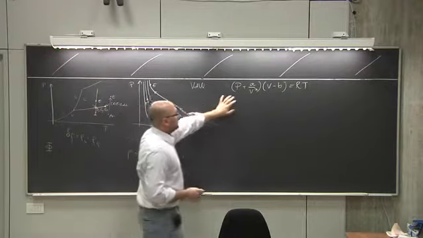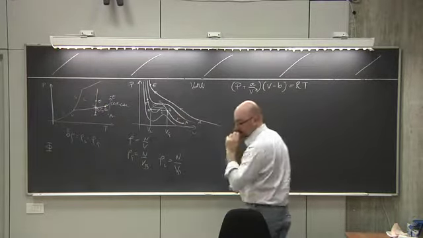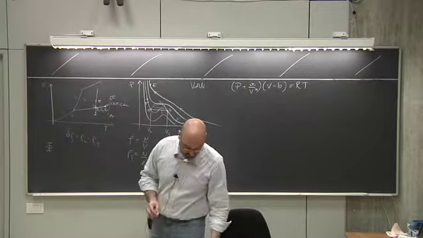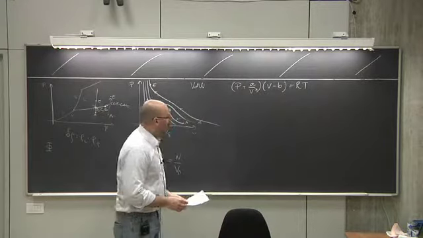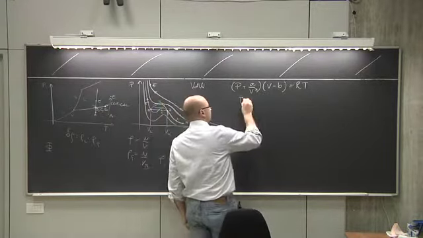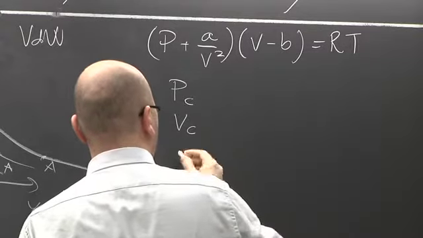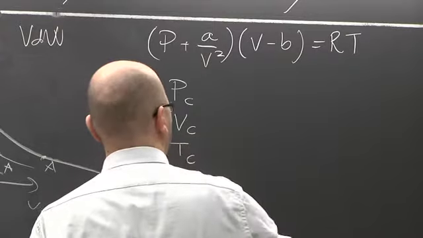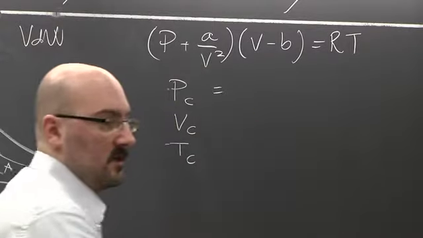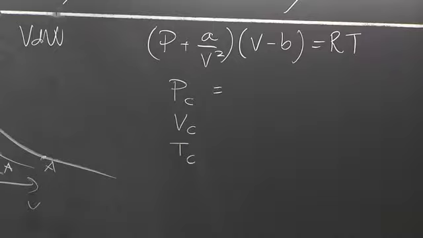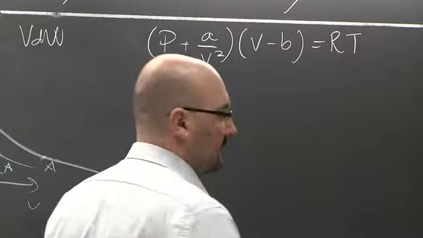So let's look at the van der Waals equation. The van der Waals equation has critical pressure, critical volume, and critical temperature. Can you remind me what this is? PC is what?